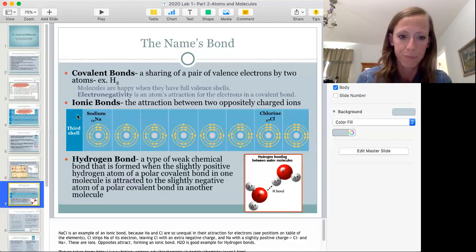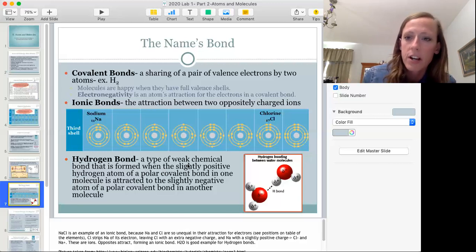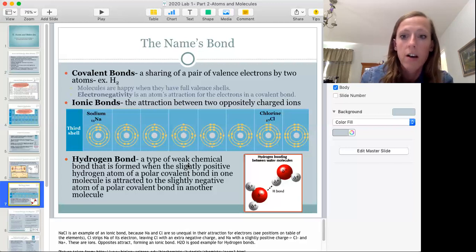All right. And then the last type of bond that we're going to talk about is a hydrogen bond. It's a type of comparatively weak chemical bond, but I don't want to belittle it because it's very influential in forming tertiary and quaternary structures of proteins, okay?